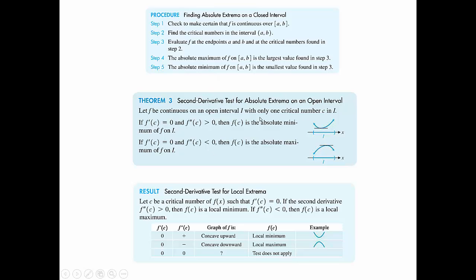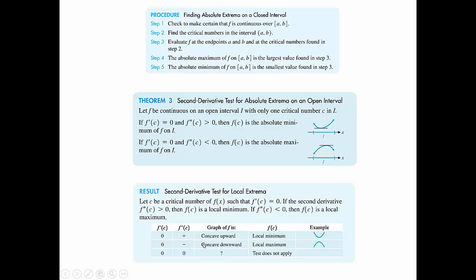The second derivative test tells you the concavity. If the second derivative at a point is positive, then it's concave up, which would mean it's a minimum. If it's negative, then it's concave down, and it would be a maximum.